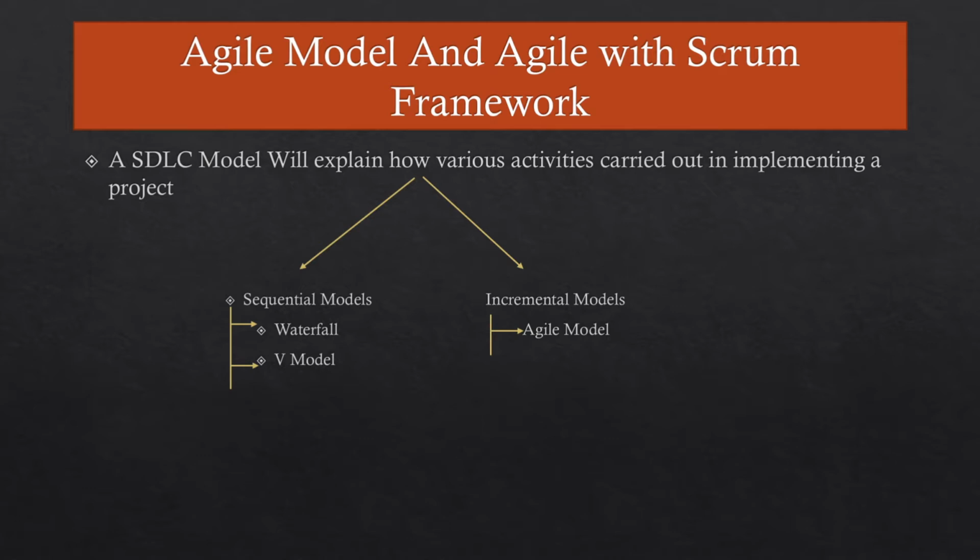Inside the incremental model we also have different kinds of models, such as the RAD model, that is rapid application development, the spiral model, the prototype model, and the last one here is the Agile model. I am not going to discuss the remaining three. The intention of this tutorial is mainly the Agile model only.